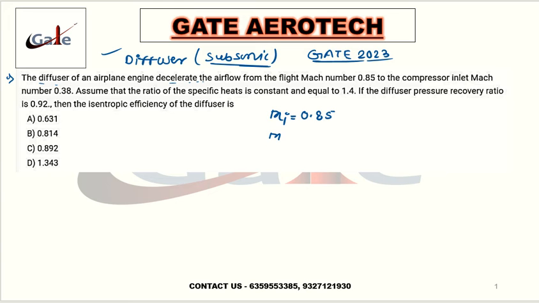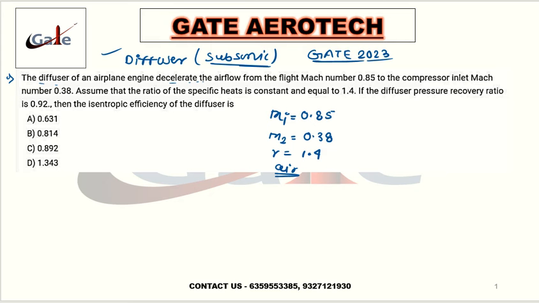Your diffuser decelerates your velocity or Mach number, and it decelerated to 0.38. Assume that the ratio of specific heats is constant and equals 1.4. What does it mean? They are talking about air, right? If the diffuser pressure recovery ratio is 0.92, then find the isentropic efficiency of the diffuser.